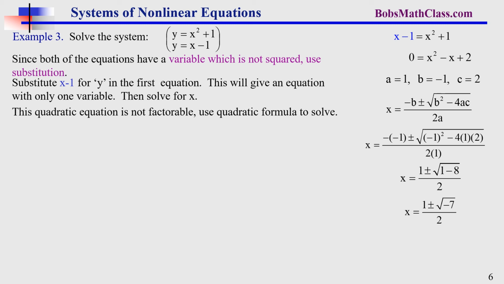Whenever you get a negative number inside the radical, you take the negative out by inserting an i in front of the radical, and the number inside becomes positive. So you should get 1 plus or minus i square root 7, all over 2. I know, kind of ugly, right? That means it's a complex solution.